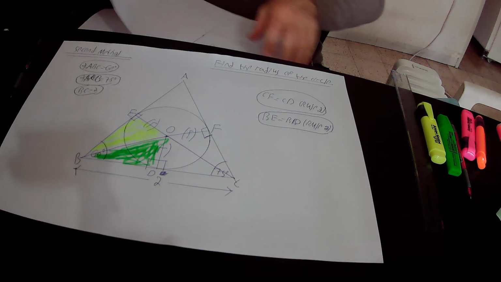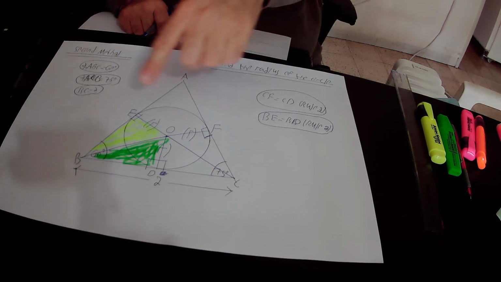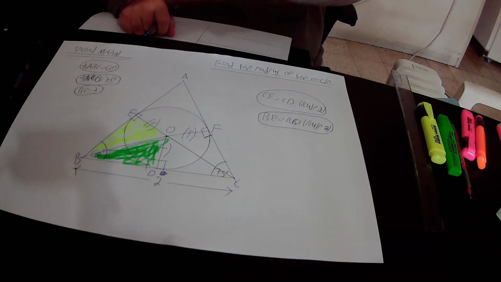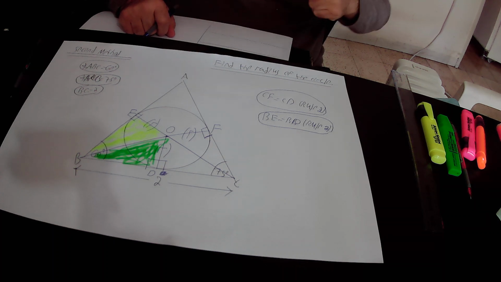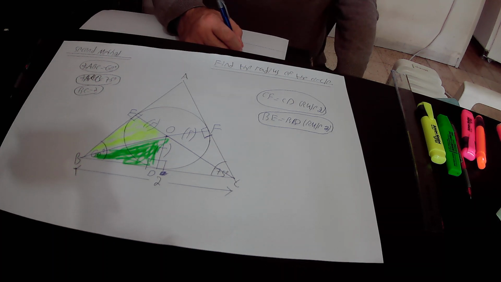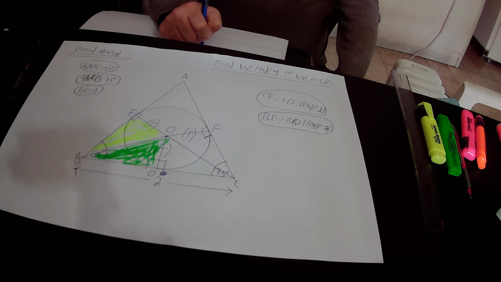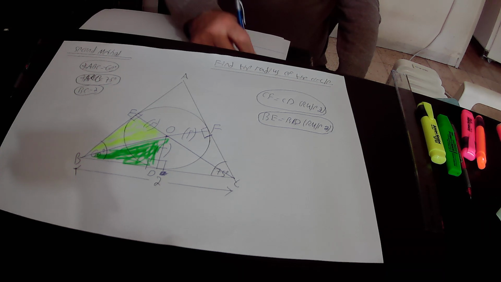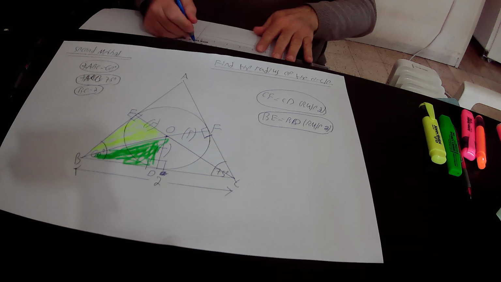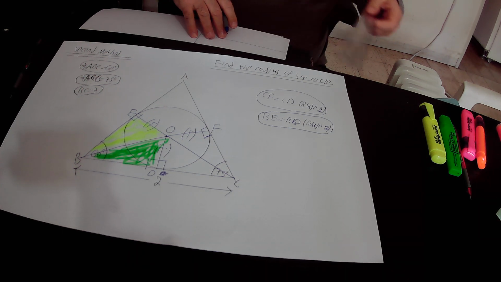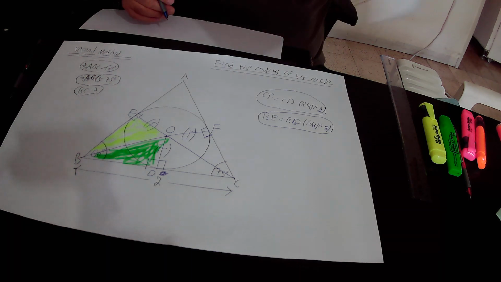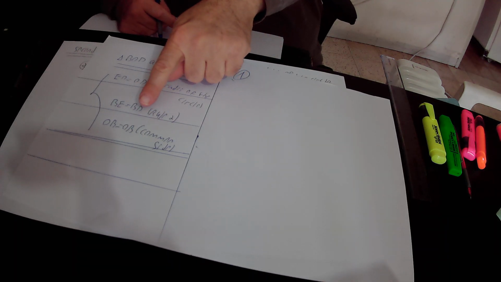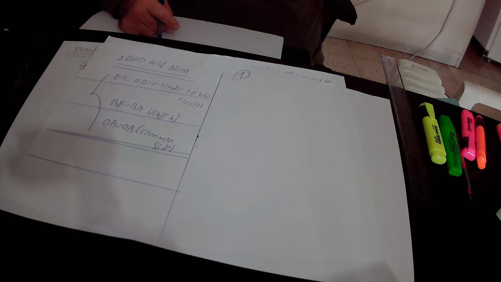And finally, side OB is the common side that belongs to both triangles, so we can write down that side OB equals itself as a common side that belongs to both triangles.